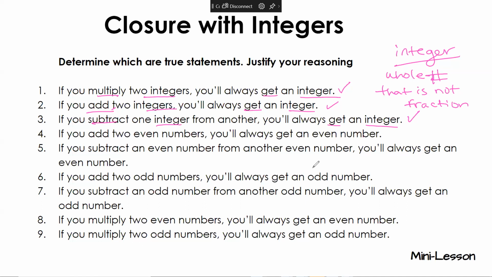All right, now even numbers. What are even numbers? 2, 4, 6, 8. Is 0 an even number? Yes. Okay, what's the definition of an even number? A number that can be divided equally. Or like our kindergarten teacher said, if everybody has a partner, that means it's an even number.